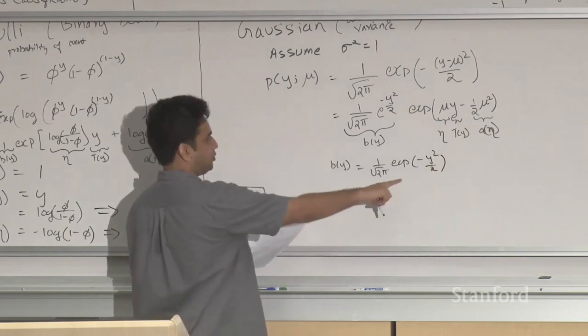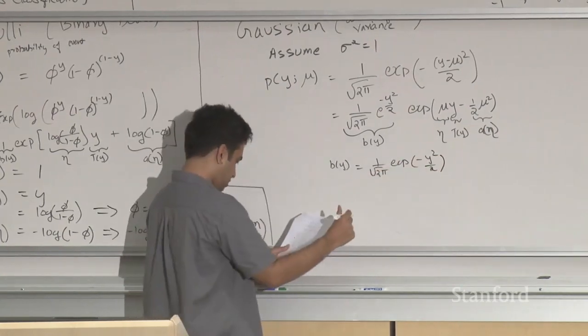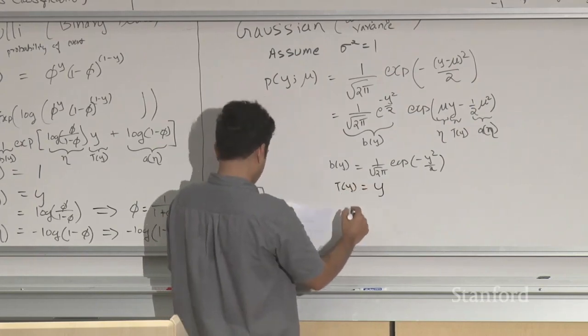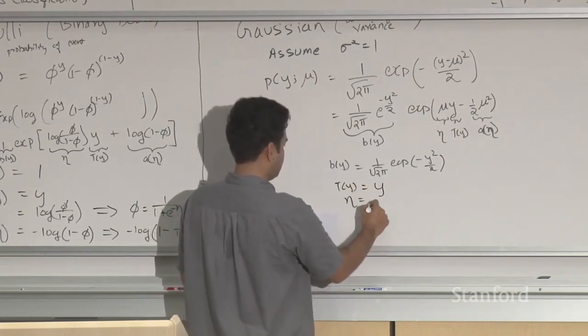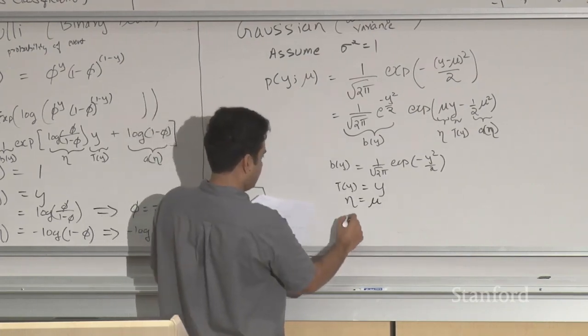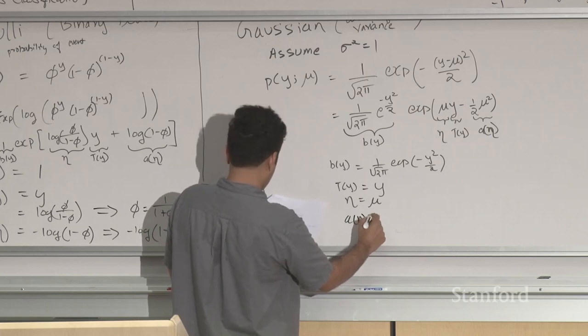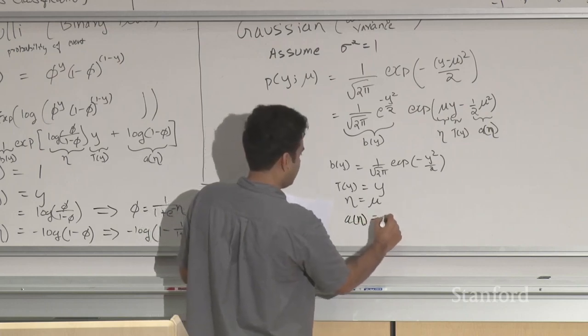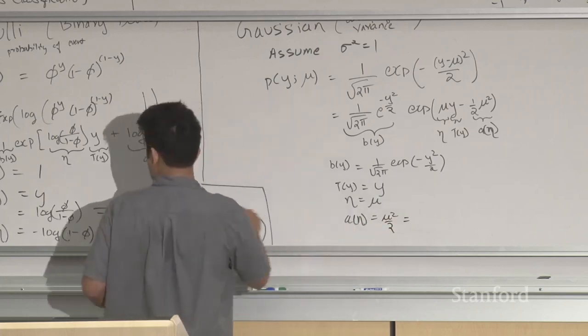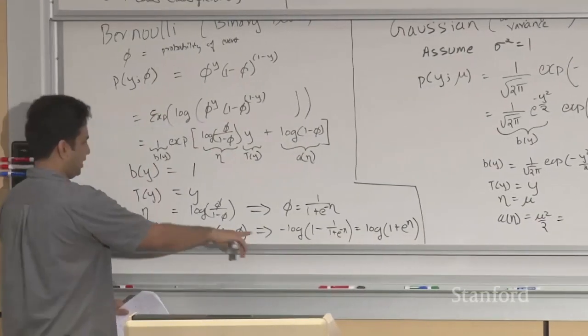Note that this is a function of only y, there's no eta here. T of y is just y, and in this case, the natural parameter is mu, eta is mu, and the log partition function is equal to mu square by 2.